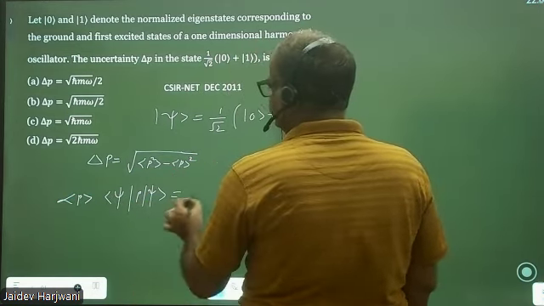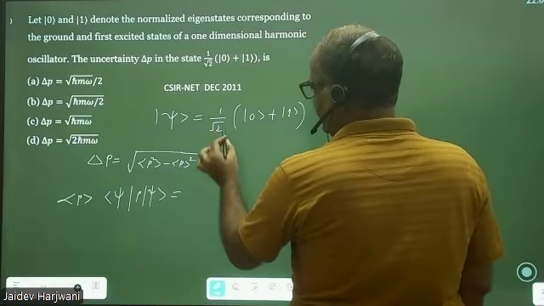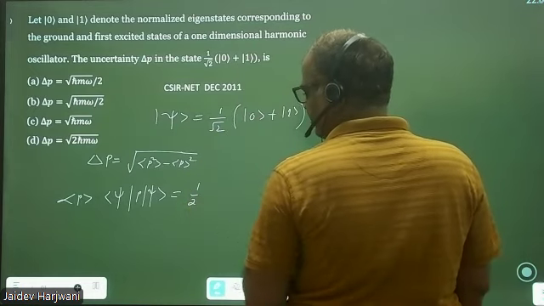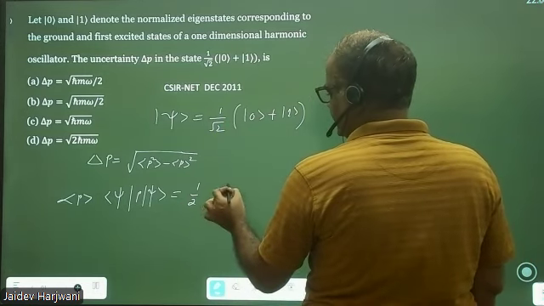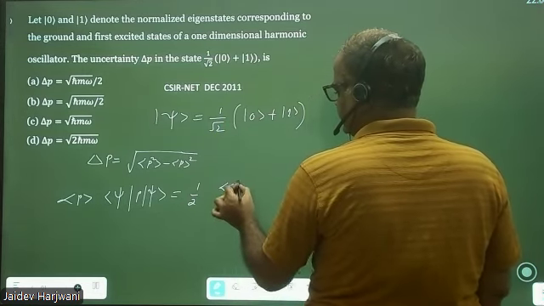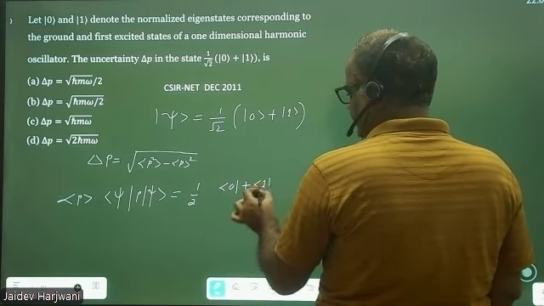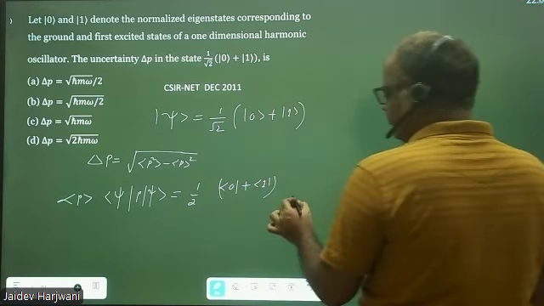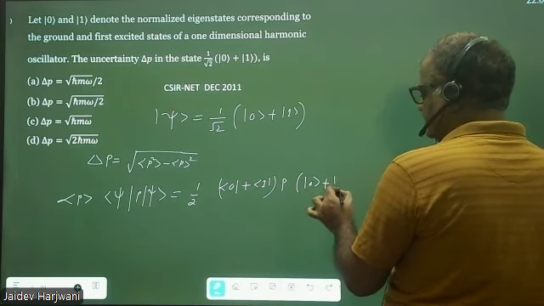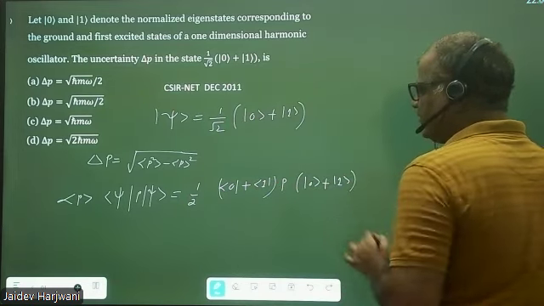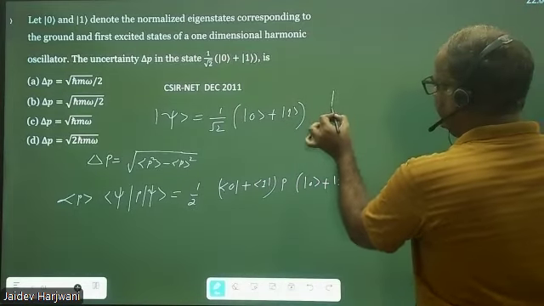So this will become 1 by root 2 and 1 by root 2, so 1 by 2 will come forward, and then you have the state 0 plus state 1, and then you want to find the expectation value of P, state 0, state 1.